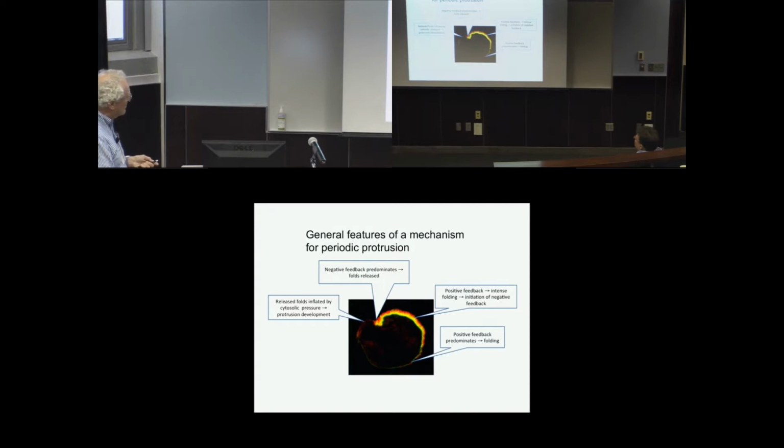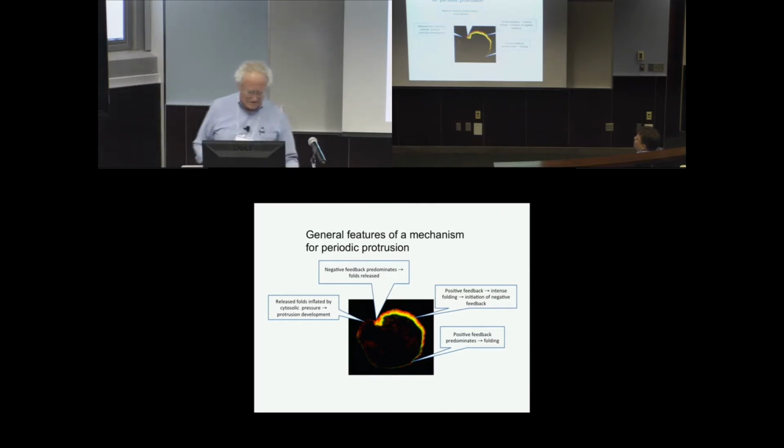And in this region, a negative feedback predominates. There's probably also a signal that releases these major folds. And then we have an excess of untethered membrane cortex couple. And the cytosolic pressure then inflates that excess, producing a rounded protrusion. That would be one way of looking at it.